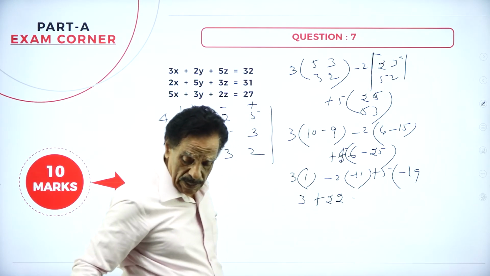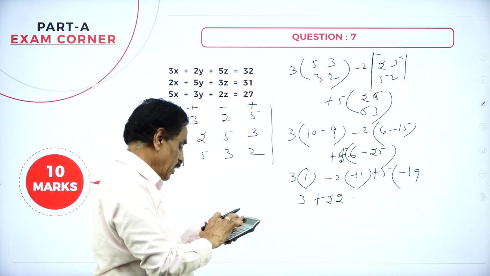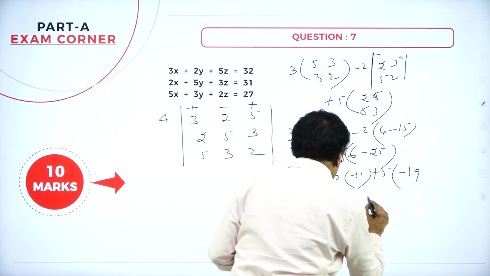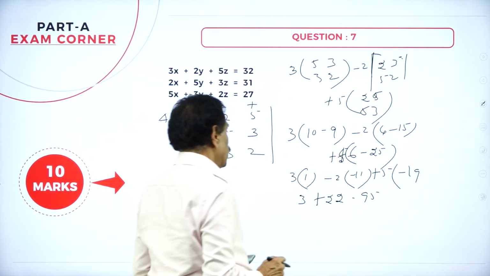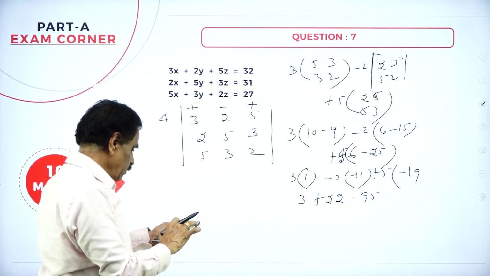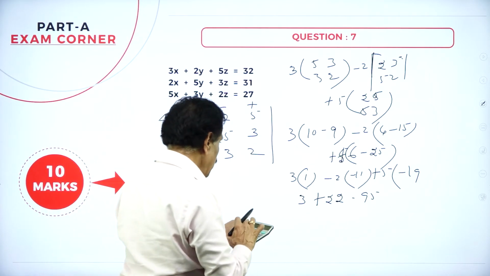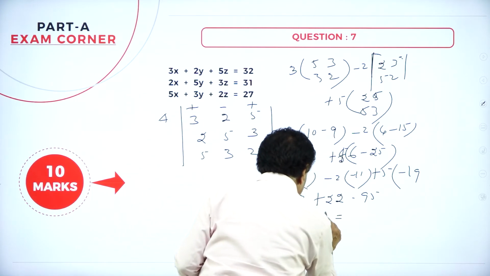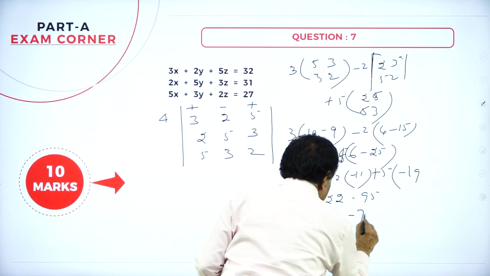Minus 19 into 5 is minus 95. So 3 plus 22 minus 95 is minus 70. Delta is minus 70.